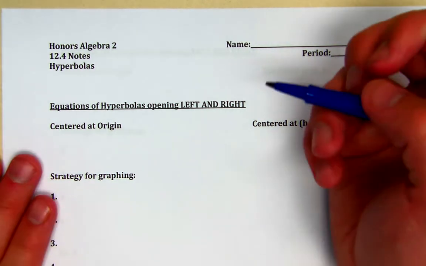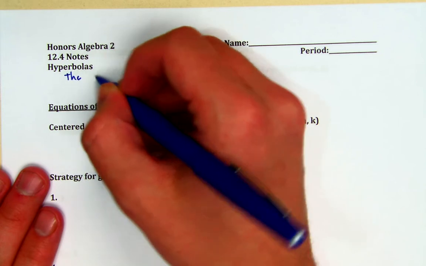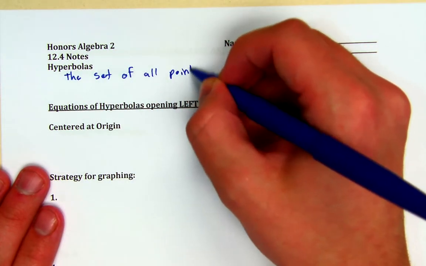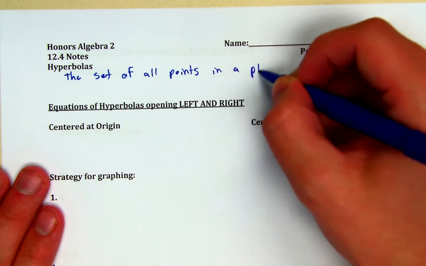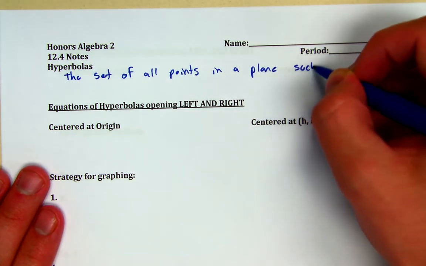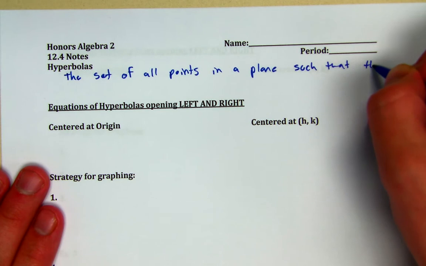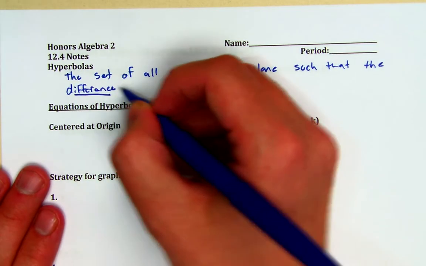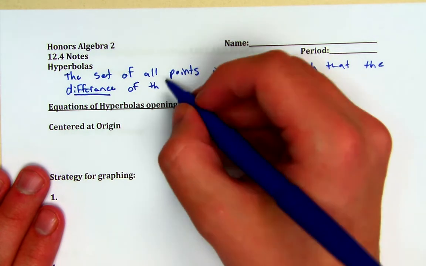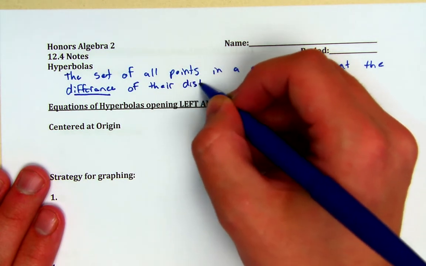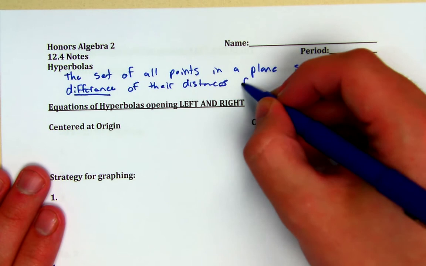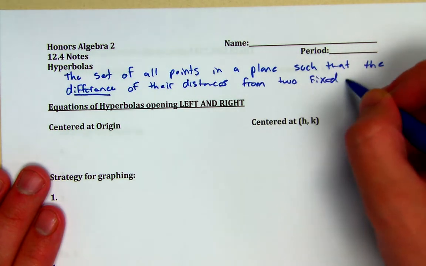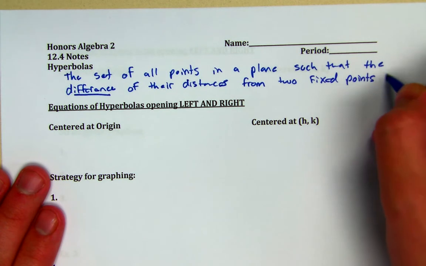So first, what is a hyperbola? It is the set of all points in a plane such that the difference, the key word here, of their distances from two fixed points is constant.